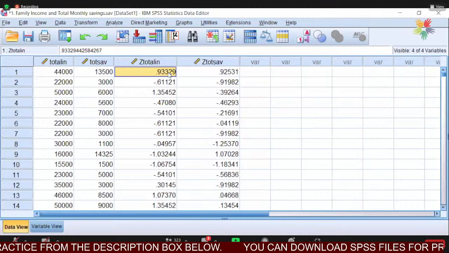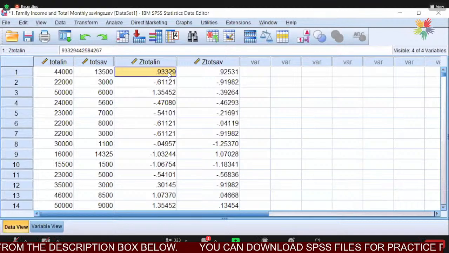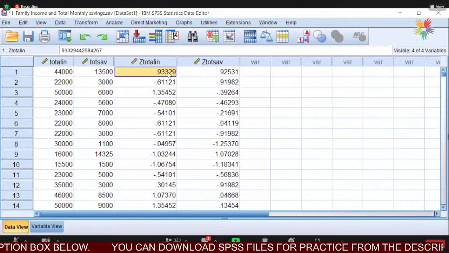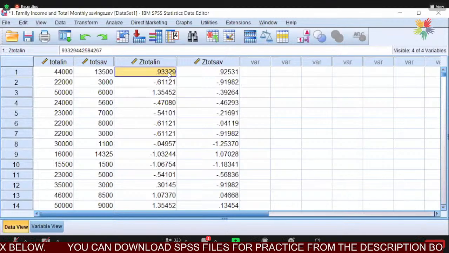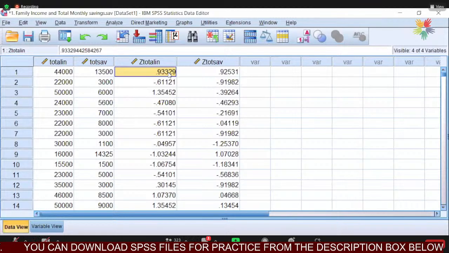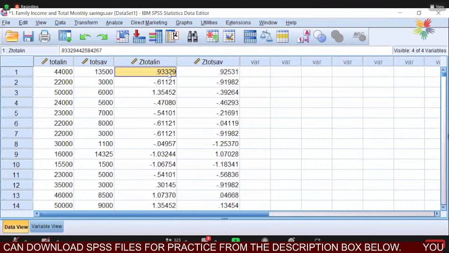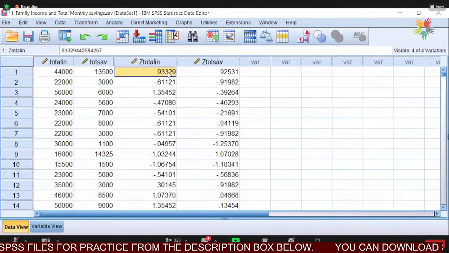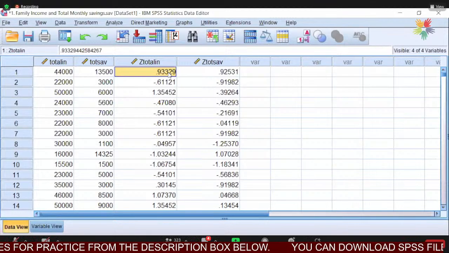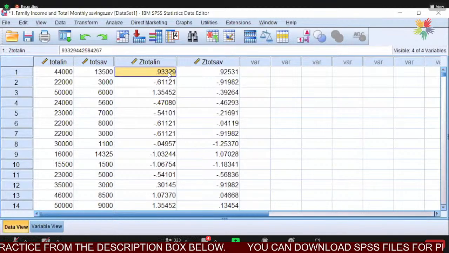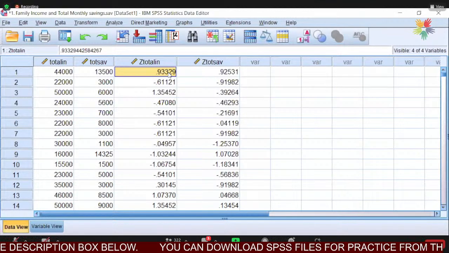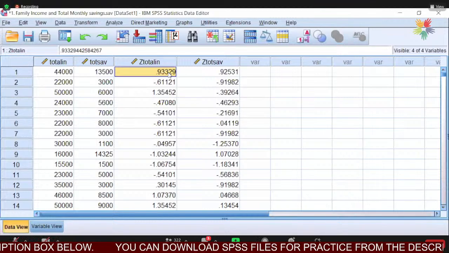So first of all, whatever regression we have seen so far, we have used only the metric variable. Now we are going to take a categorical variable as an independent variable, right?